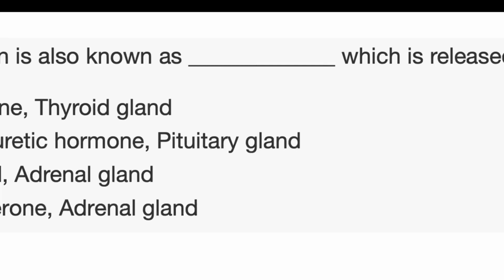Option B, antidiuretic hormone, pituitary gland. Option C, cortisol, adrenal gland. Option D, aldosterone, adrenal gland. These are the 4 options.